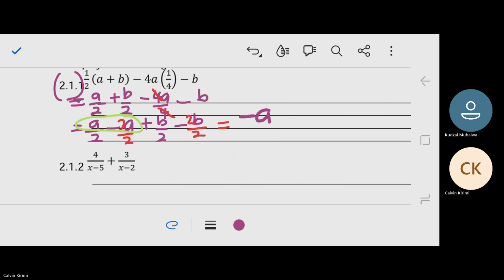What is plus B minus 2B? What is the answer there?